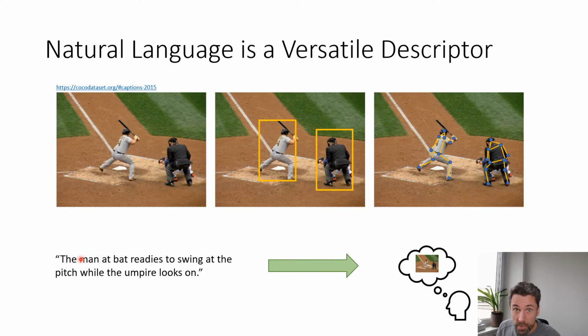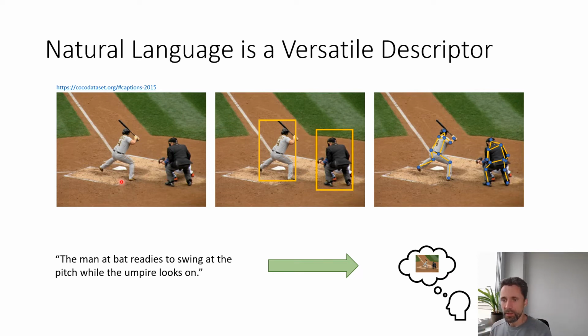So why don't we make our machines spit out a description of what's in the image, so the humans can then translate that back into something visual. For example, here: the man at bat readies to swing at the pitch while the umpire looks on. That's crazily specific and pretty short though.